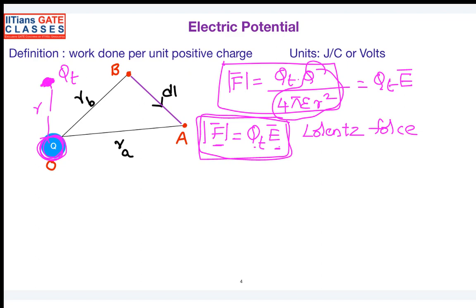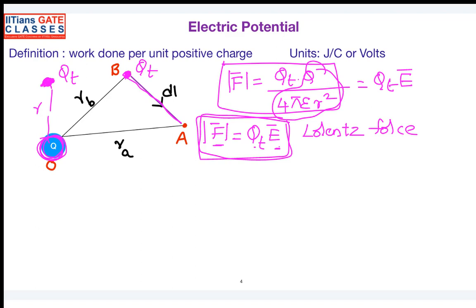Now see here what I was trying to do. Let me say I place this test charge at this particular location qt. Already some force exists here. Now I want to move the charge from point B to point A. What should I do? Suppose I was standing on something like this. Already there exists a gravitational force, right?